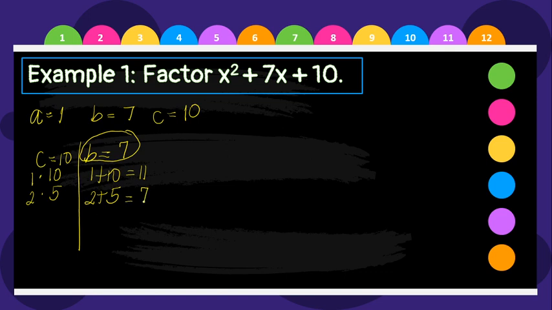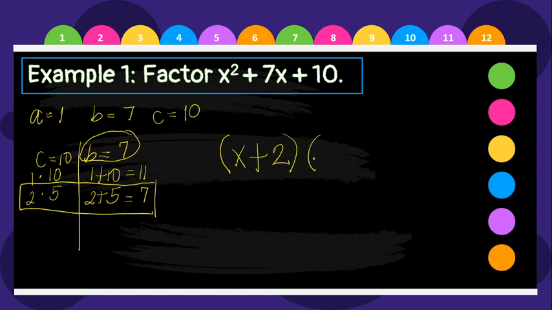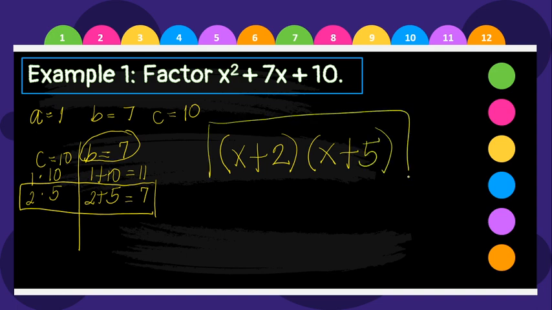Since 2 plus 5 is 7 and 2 times 5 is 10, we're going to choose the factors 2 and 5. We're just going to write here x, because the variable is x, plus 2 times the quantity of x plus 5. This is now the factored form.